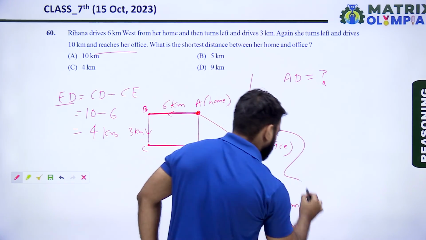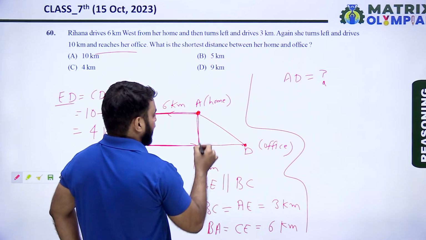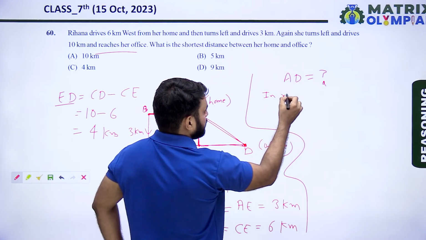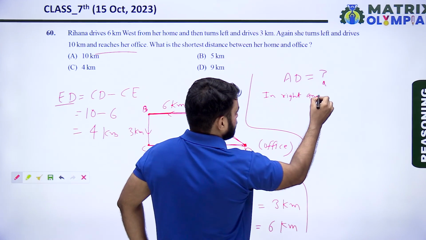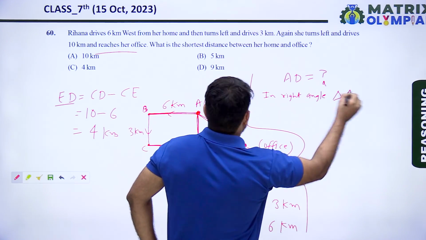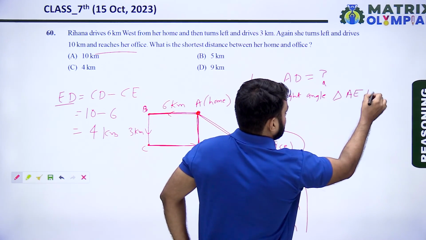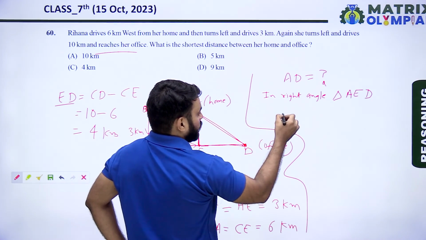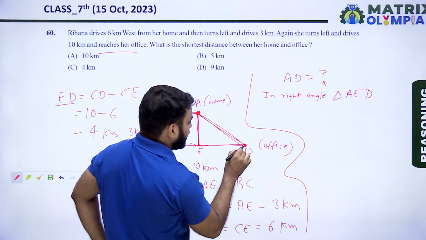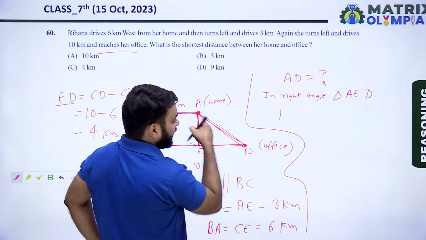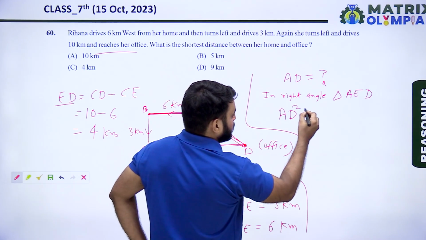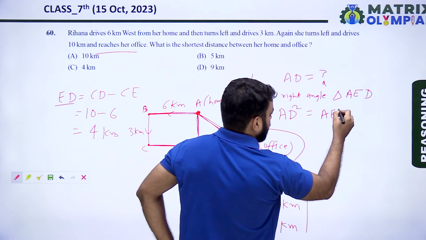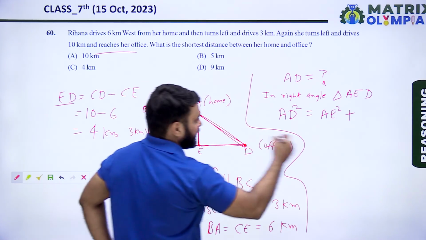Okay. Now in right angle triangle AED, using Pythagoras theorem, hypotenuse square, hypotenuse means AD. AD square is equal to perpendicular square, perpendicular means AE square, plus base square, it means ED square.